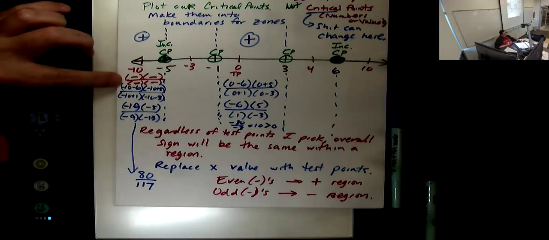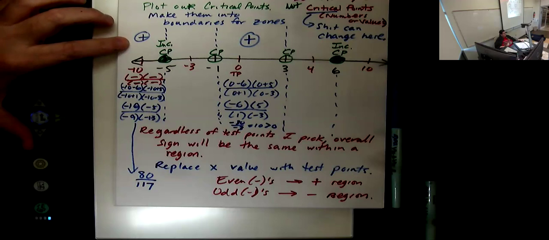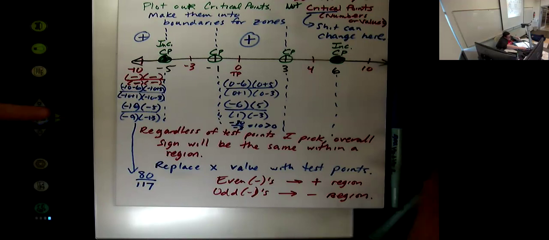Here I had 4 negatives. That's even, so it's positive. So I didn't have to actually calculate what the numbers were. It's a little simpler than that.